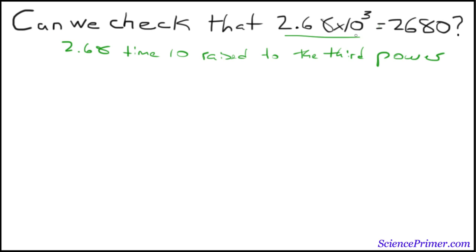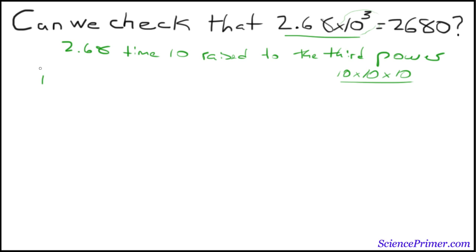And what this means is 10 times itself 3 times, so 10 times 10 times 10. Another way to think about that is that it's just 2.68 multiplied by 10 3 times.